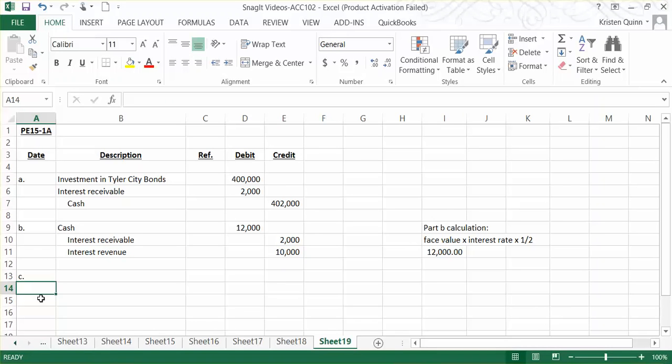In Part C, we have decided to sell $200,000 of the bonds at 98 plus accrued interest of $1,000. Again, that 98 represents a percentage of the face value. So again, before we get started, let's do our Part C calculations.